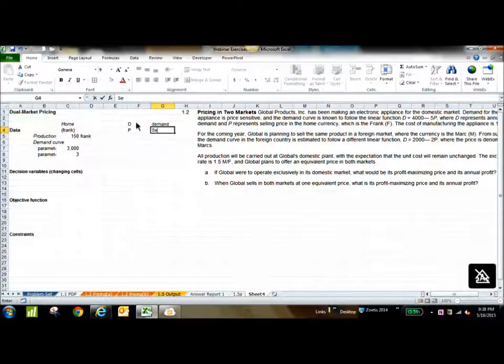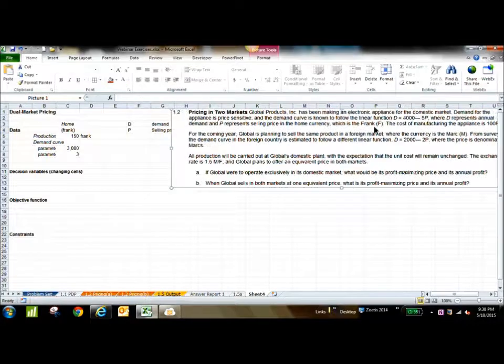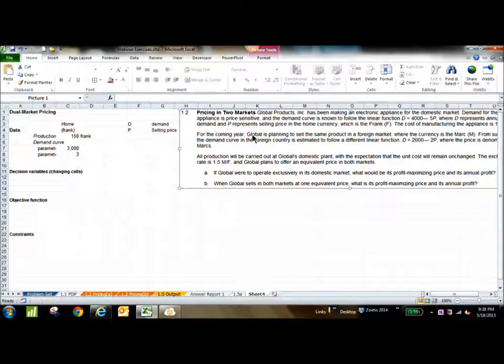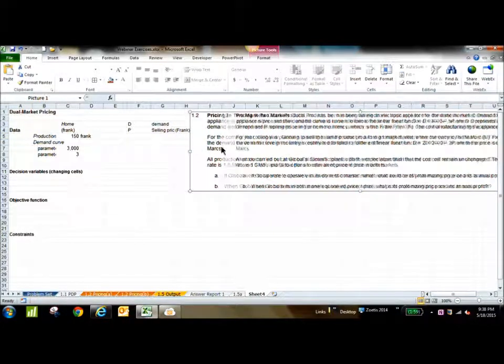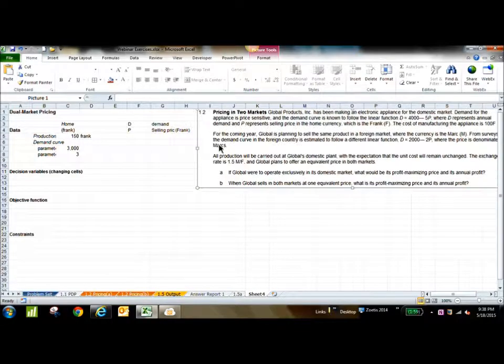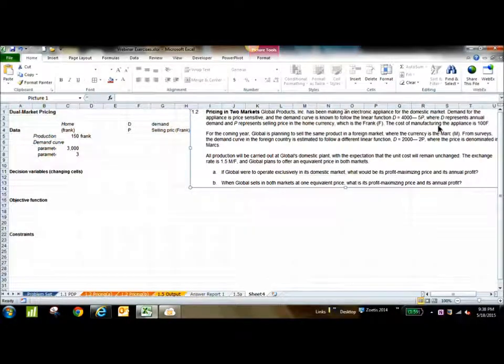Where D represents annual demand and P represents selling price in the home currency, which is the franc. So I'm going to put that as my currency. Let me resize this a little bit. The cost of manufacturing the appliance is 100 franc. So cost, I know it's 100 franc.